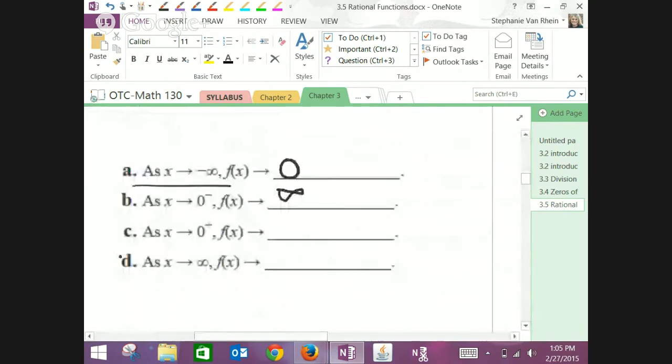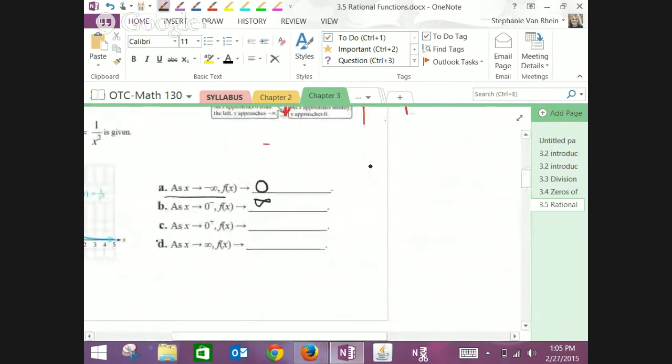And I can plug in numbers. The graph of the function is 1 over x squared. If x is a half, or a third, or a tenth, or 1/100th, and these are actually all negative. Because I'm getting closer and closer.